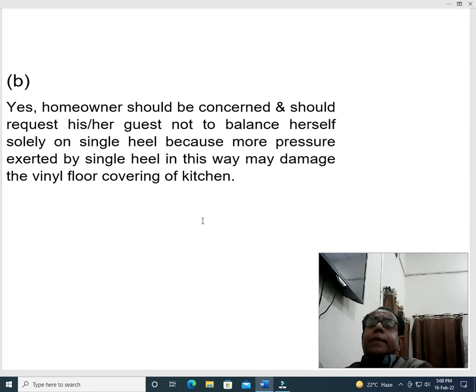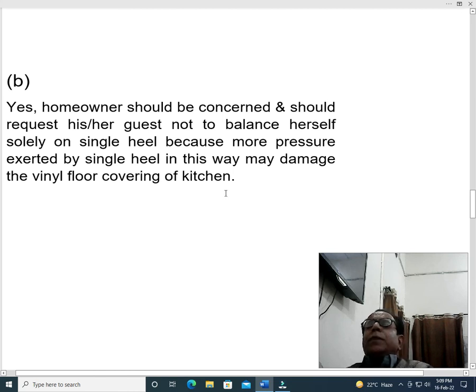Homeowner should be concerned and should request his or her guest, that is, if homeowner is male, then guest will be his guest, if homeowner is female, then guest will be her guest, not to balance herself solely on single heel, because more pressure exerted by single heel in this way may damage the vinyl floor covering of kitchen.